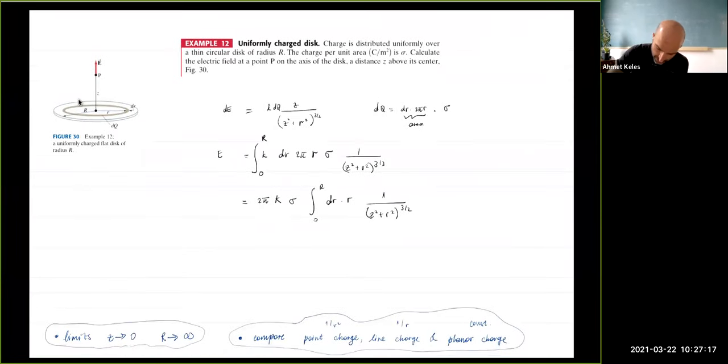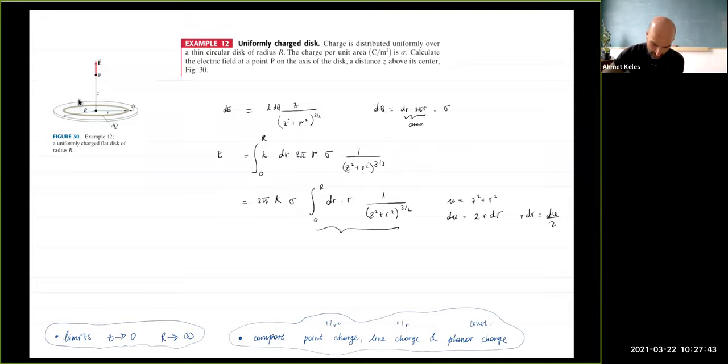Now I want to do a change of variable. Let's call again u equal to z squared plus r squared. If I take the derivative of u, I get du. z is constant, so I have 2r dr. So maybe I can put r dr equal to du over 2.